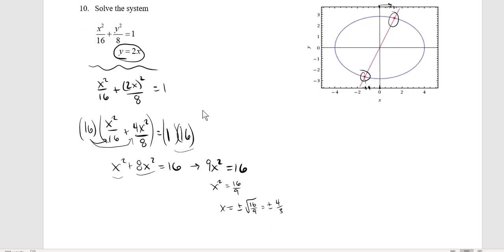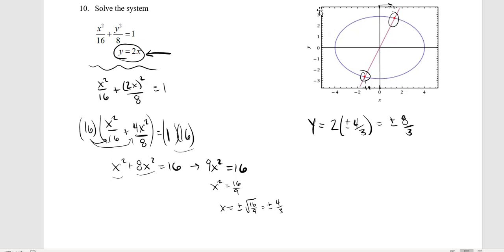Now we just plug back into this initial equation we used for the substitution to find the y values that go with them. Well, the y values are 2 times the x values. So that's plus or minus 8/3. Is that believable? A little less than 3? Yeah, that's believable.